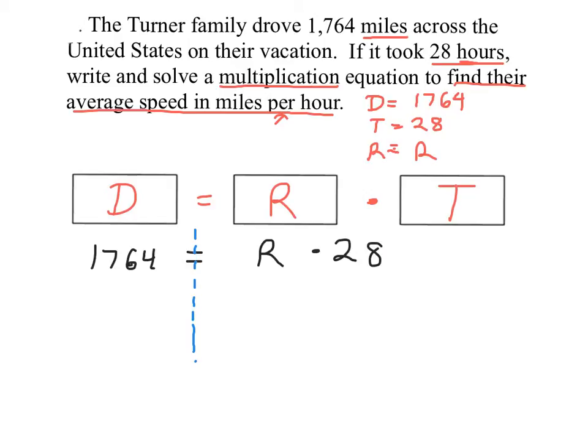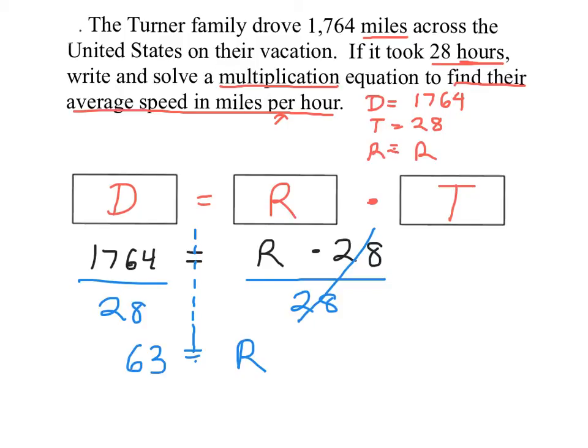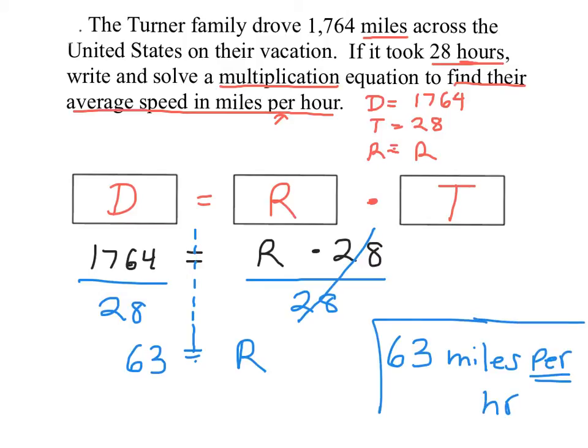So since I'm multiplying r by 28, let's get rid of 28 by dividing both sides by 28. The 28 goes away on the right hand side and r is all alone. And 1,764 divided by 28 is equal to 63. So because they're asking for rate, I need to make sure my answer says 63 miles per, because it's the rate, hour. And that's the answer.